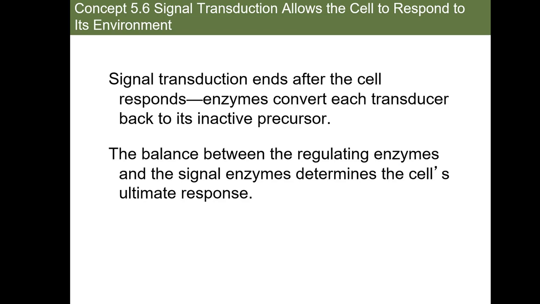Signal transduction ends after the cell responds. Enzymes convert each transducer back to its inactive precursor. The balance between the regulating enzymes and the signal enzymes determines the cell's ultimate response. So a lot of the times at the end, enzymes will be activated, which then go and turn everything back to normal.